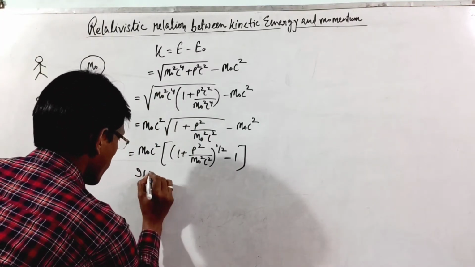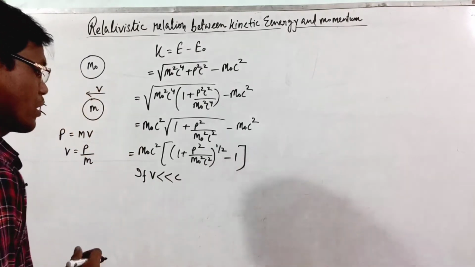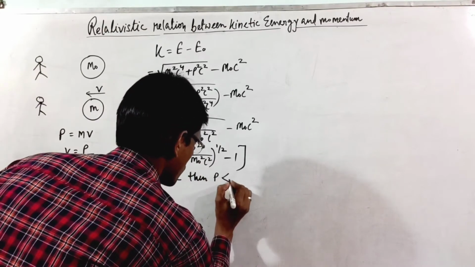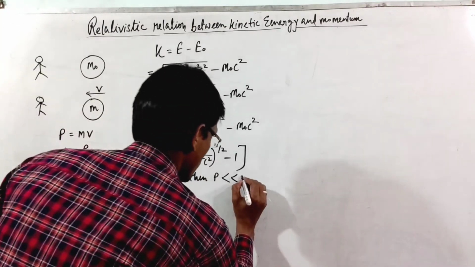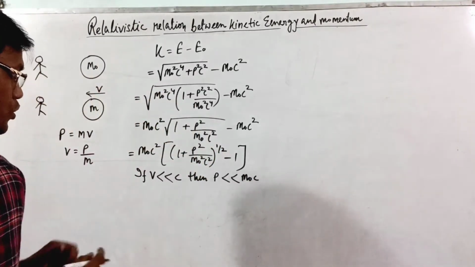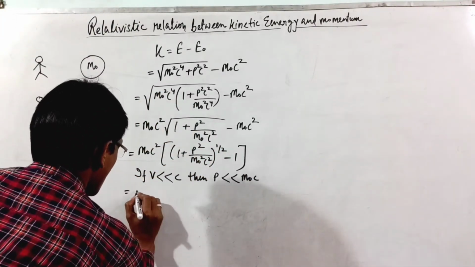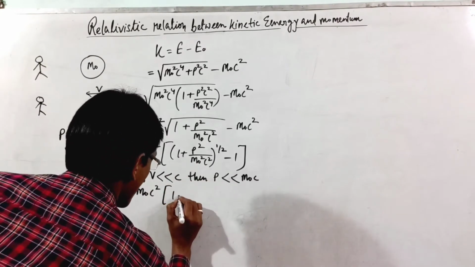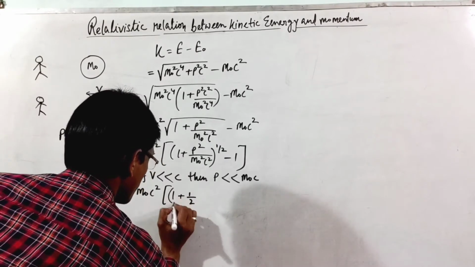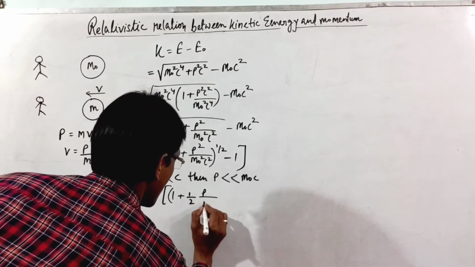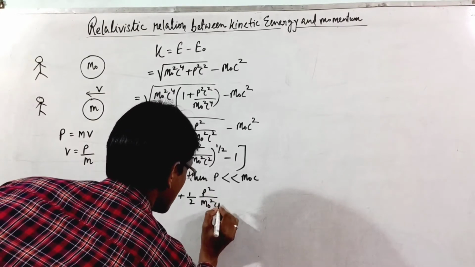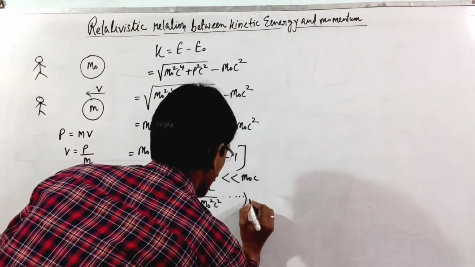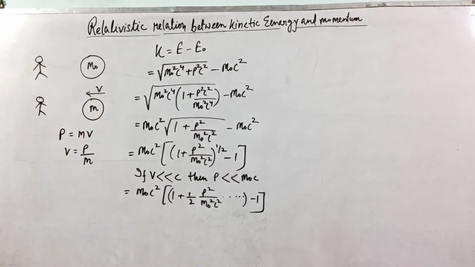Now if velocity is very small compared to the speed of light, then momentum p is also very small compared to m0 c. So we can expand this equation: m0 c square into 1 plus half p square divided by m0 square c square, other terms are very small, minus 1.